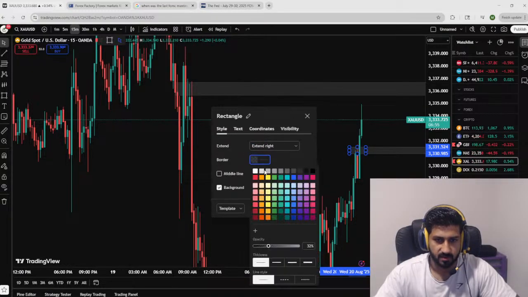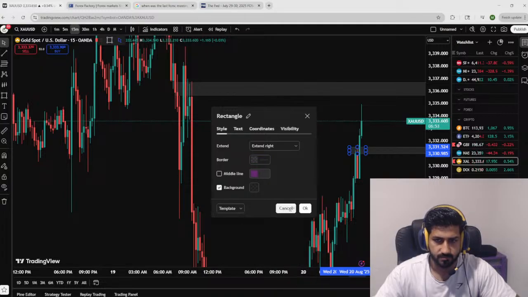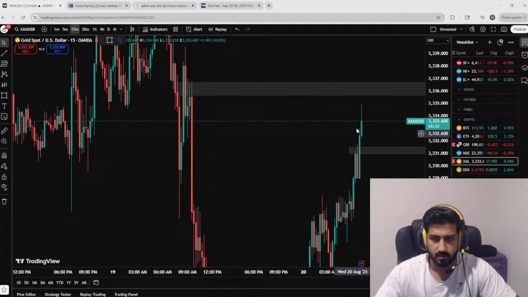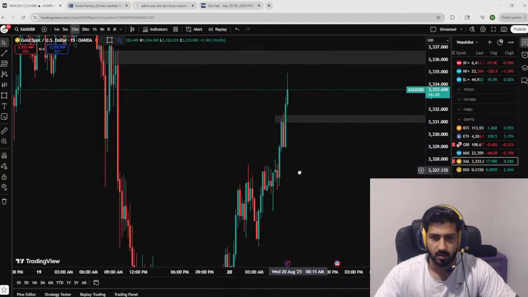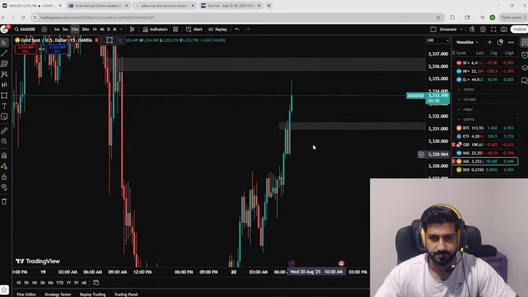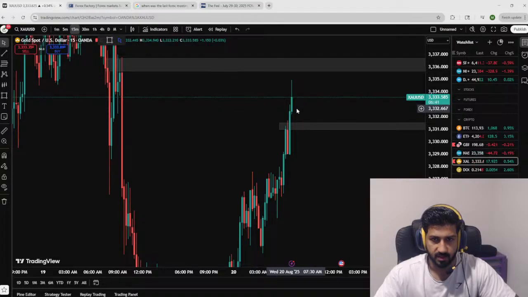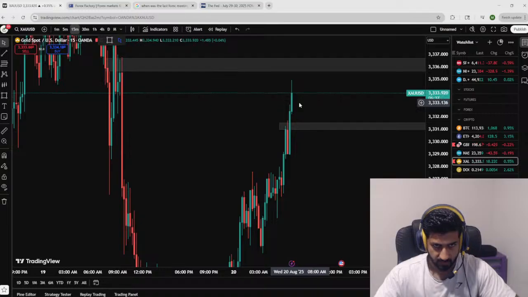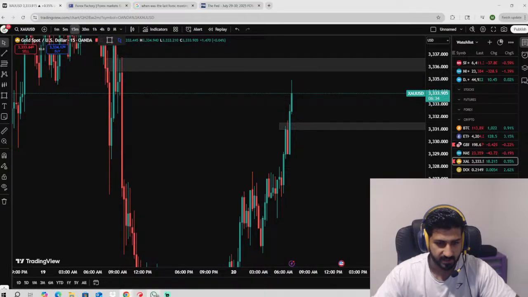We don't have the color. Okay, we're retracing back. Yeah, I want to see how the candle closes, and then possibly it could wick down, and we could continue to push up on the way it's pushing up. We can enter a trade.